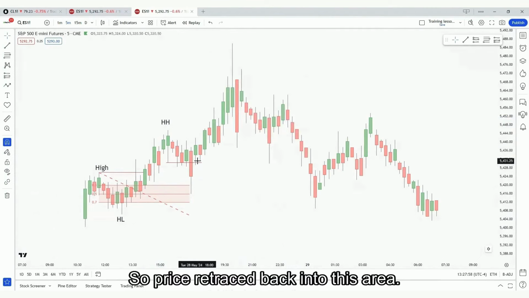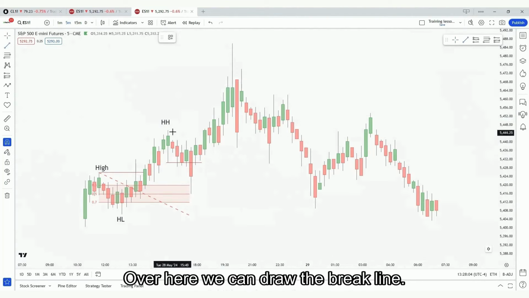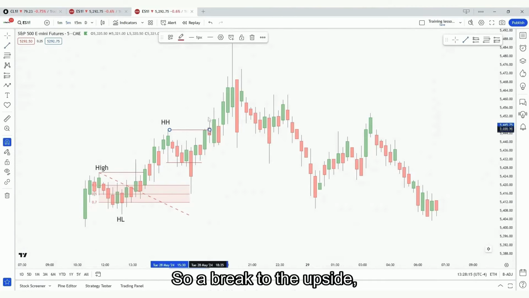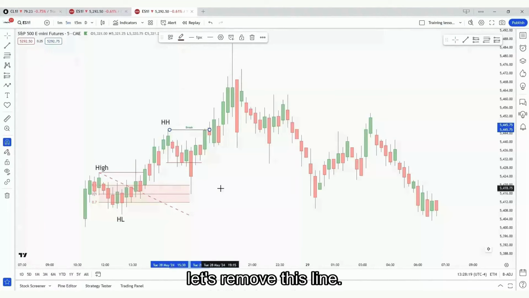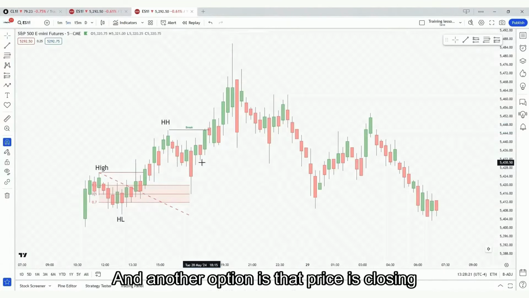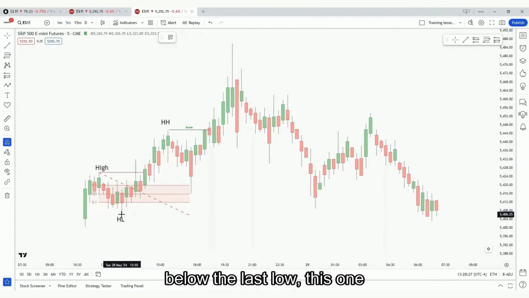So price retraced back into this area. And at this point, we are looking for two things. So that means we have the higher high over here. We can draw the break line. So a break to the upside. Let's remove this line. And another option is that price is closing below the last low, this one.